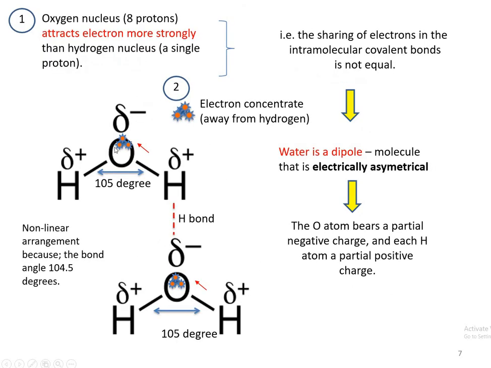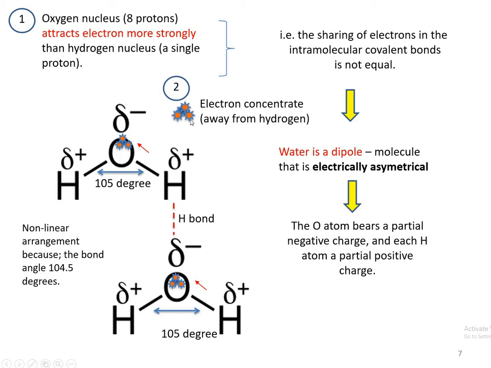You see, because the oxygen has 8 protons and hydrogen only has a single proton, the attraction of electrons towards the oxygen is much stronger compared to the hydrogen nucleus.